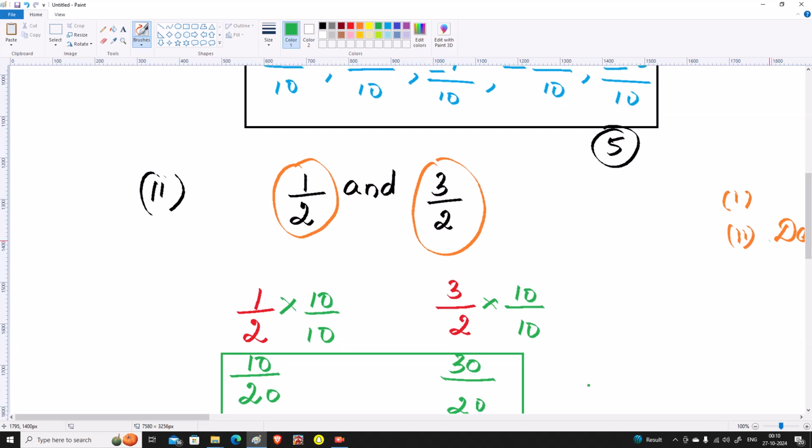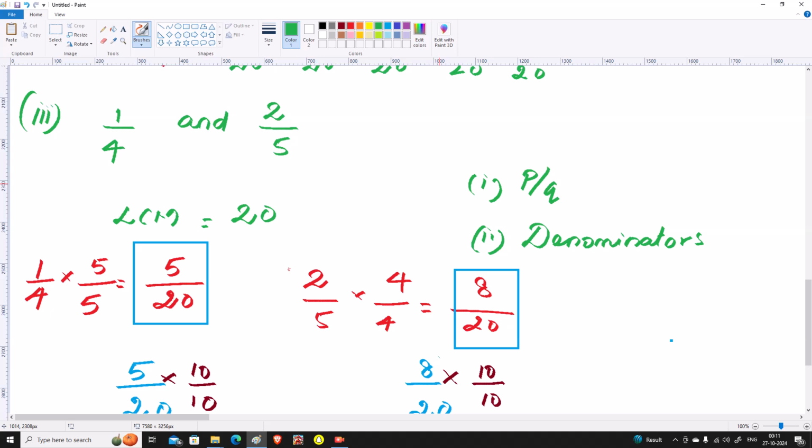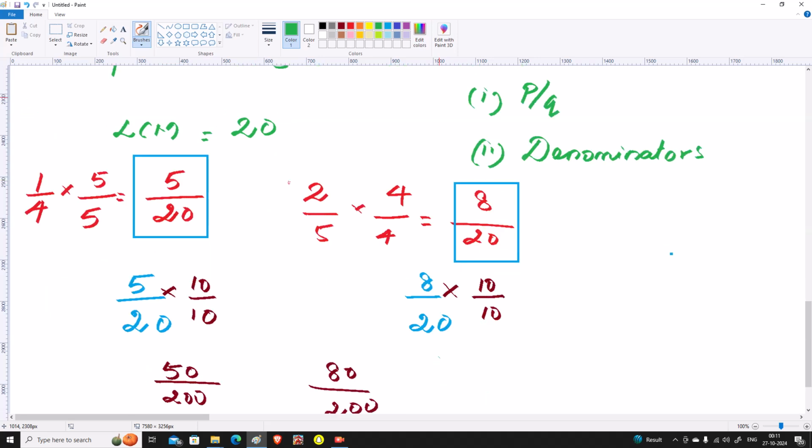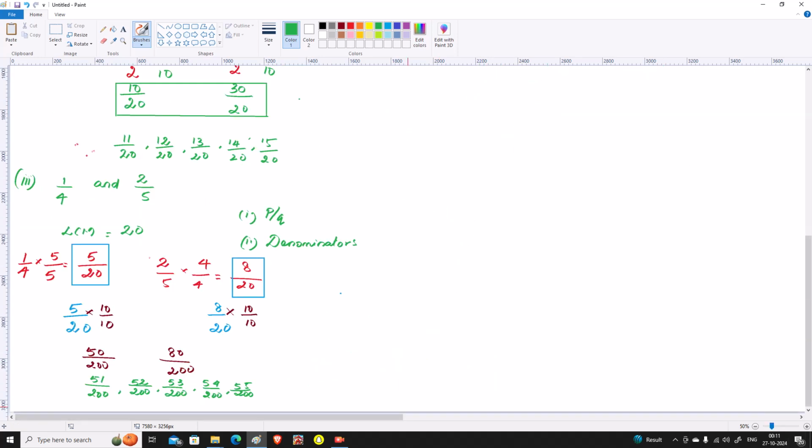Suppose it is not an integer, they have given a rational number, just observe whether they are like fractions or not, whether they have a common denominator or not. If they have a common denominator, simply multiply by 10 by 10 and write. If they don't have a common denominator, we have to find the LCM, convert into the LCM and then find the numbers. I hope everybody understood this concept.